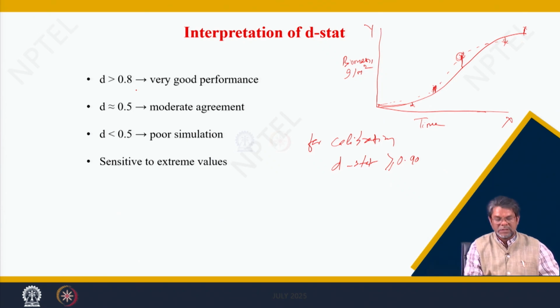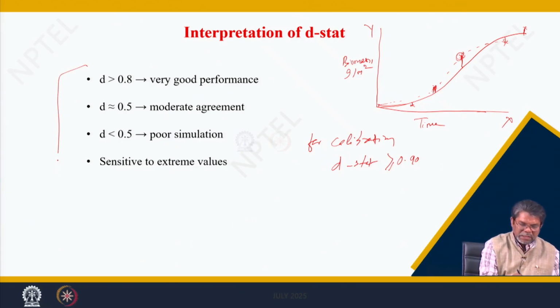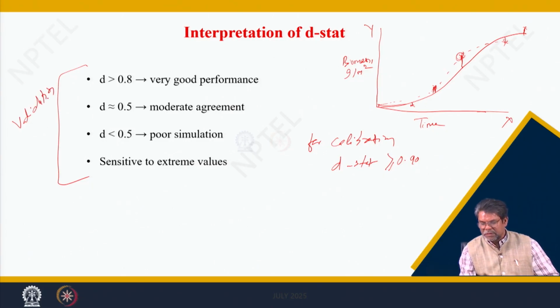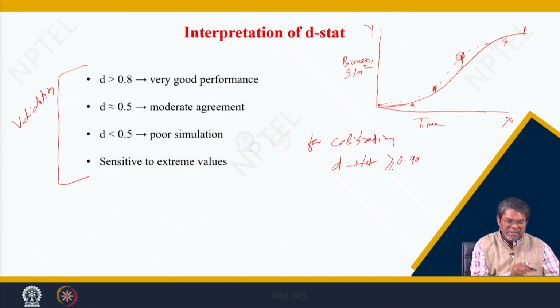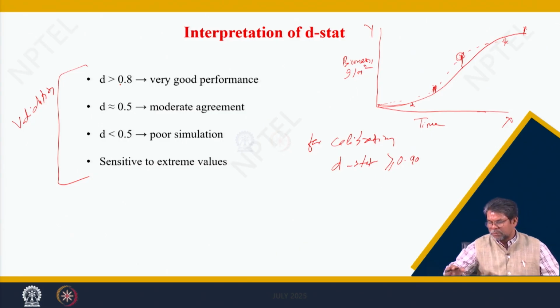This is for the process of validation. For calibration, the d stat must be 0.9 or higher. For validation, if the d value is greater than 0.8 it is a good performance model, d equal to 0.5 is moderate agreement, and d less than 0.5 is poor simulation.